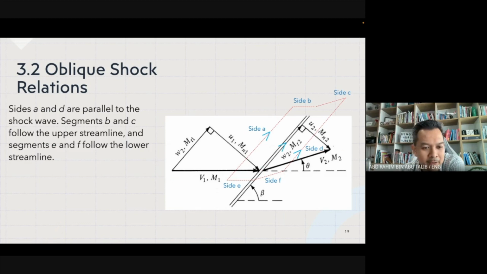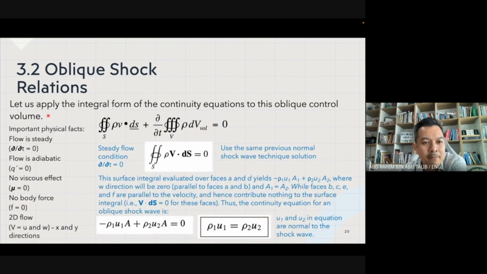All right, and then let us apply the integral form of the continuity equation to this oblique control volume. Similarly to our normal shock wave, we are going to consider the continuity equation.